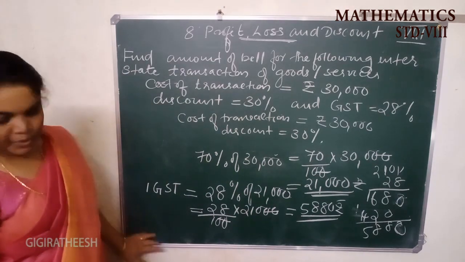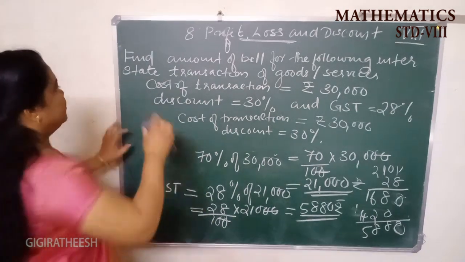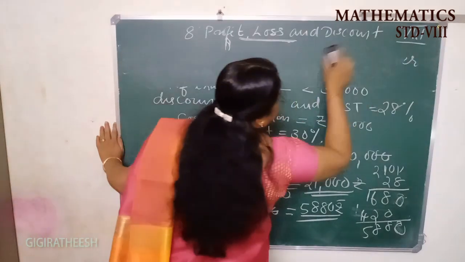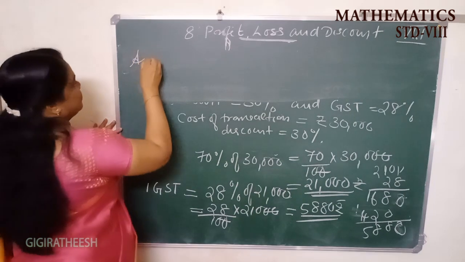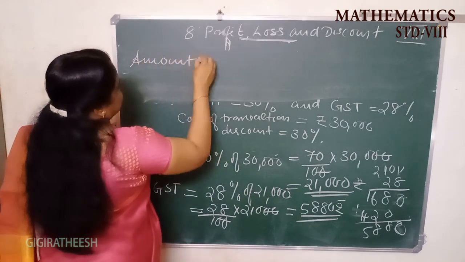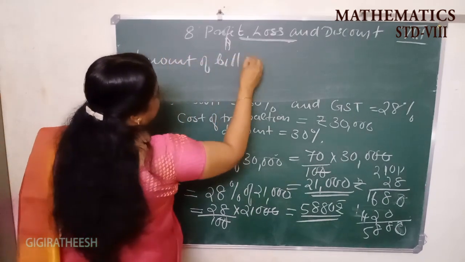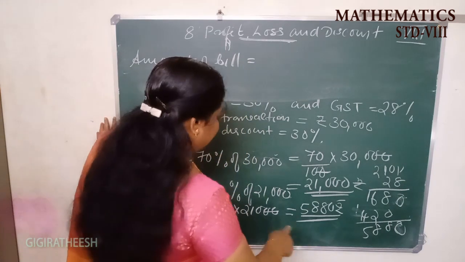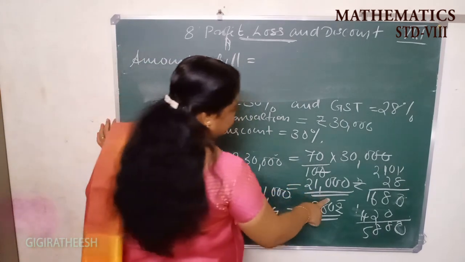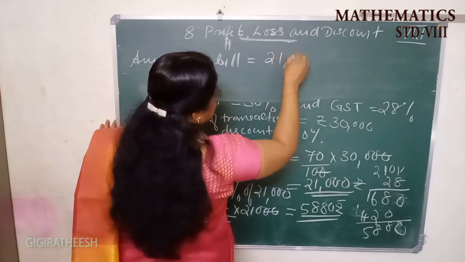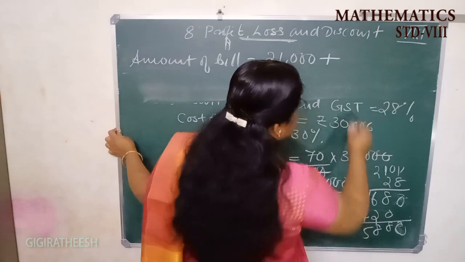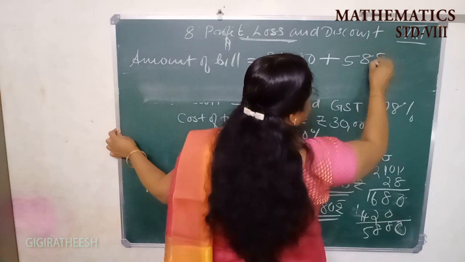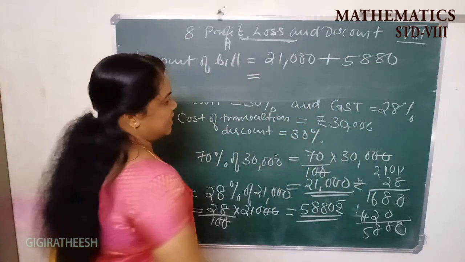And what is the amount of bill? The amount of bill is equal to the amount after discount, 21,000, plus the GST, 5,880.